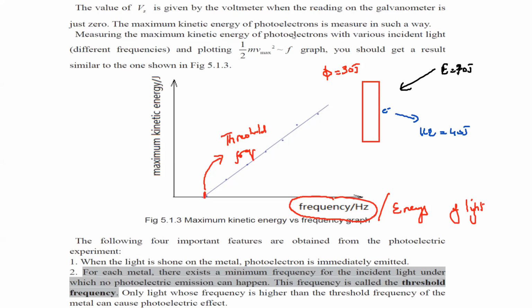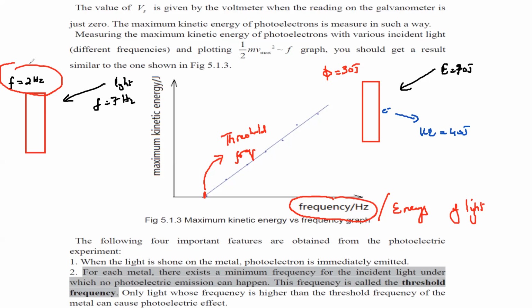And in the same way, it can be in terms of frequency. There will be a minimum frequency at which electrons can come out. For example, if the minimum frequency is 2 hertz and we incident light with a frequency of 7 hertz, this frequency of light is more than the frequency needed to remove the electron.